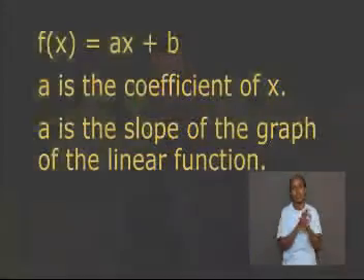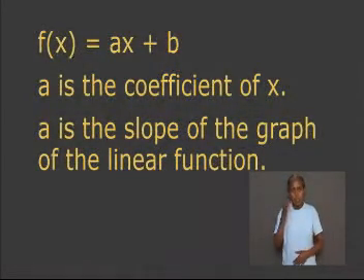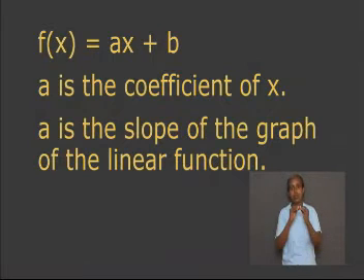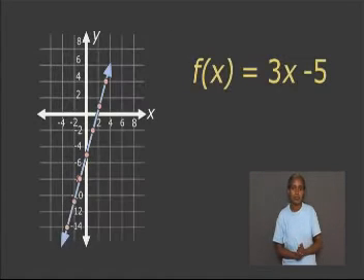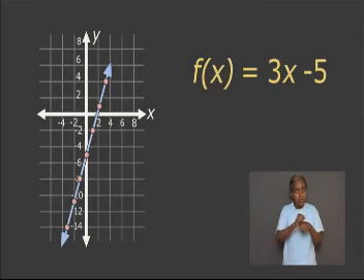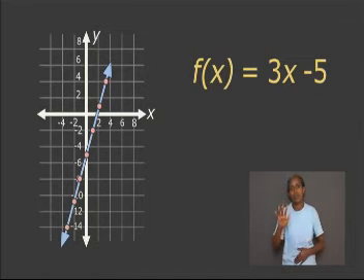We can observe several properties from the graphs of linear functions. If f(x) = ax + b, a is called the coefficient of x. a is also the slope of the graph of the linear function. For instance, in the activity you just completed, f(x) is equal to 3x - 5.